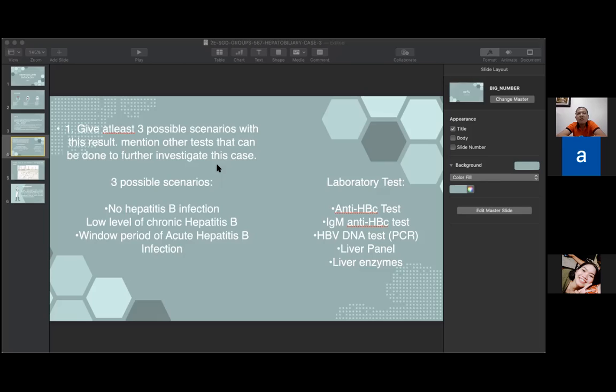You can order the IgM immediately, or if you don't want the patient to spend, let the patient come back another time when the patient is asymptomatic. But if the patient is symptomatic, not feeling well, then better do a full workup.